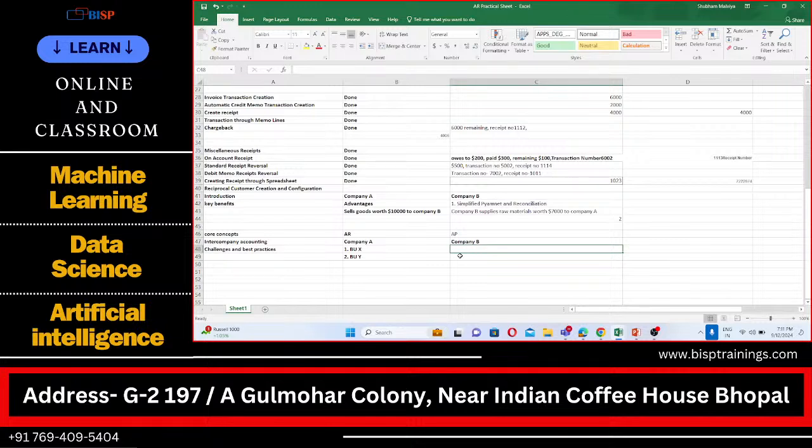Intercompany accounting makes it easier for large organizations to manage complex reciprocal transactions across multiple legal entities and business units.